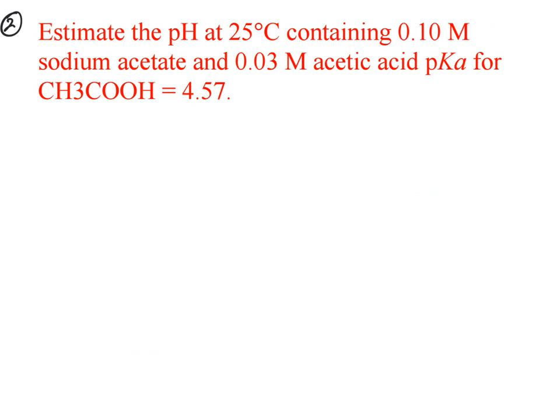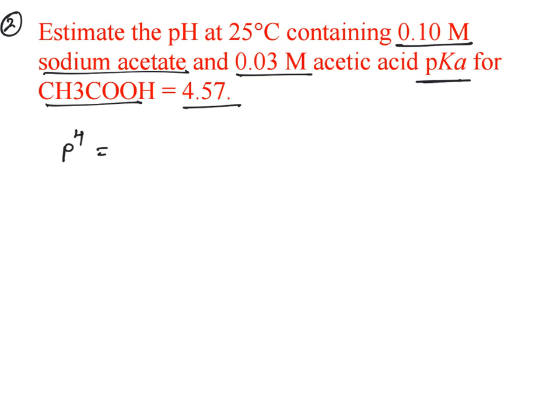Second problem: estimate the pH at 25 degrees of a solution containing 0.1 molar sodium acetate and 0.03 molar acetic acid, and they have given pKa of acetic acid directly as 4.57. The buffer is a combination of acetic acid and sodium acetate, that means it is an acidic buffer.